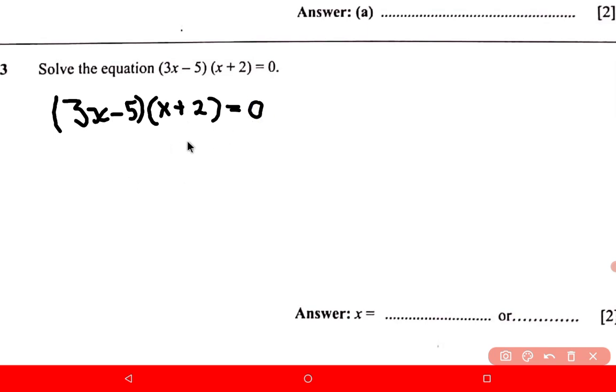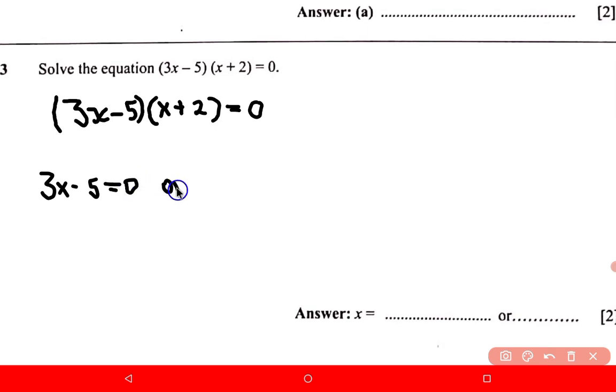So for this one, if you try to start expanding here, you will get to a point where it will take you to factorization. At this point you can just separate this equated to 0 and this also equated to 0. So you have 3x minus 5 is equal to 0.